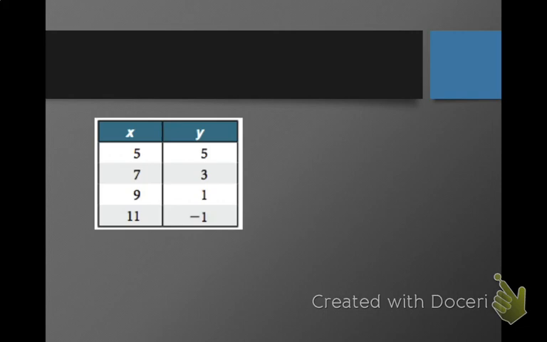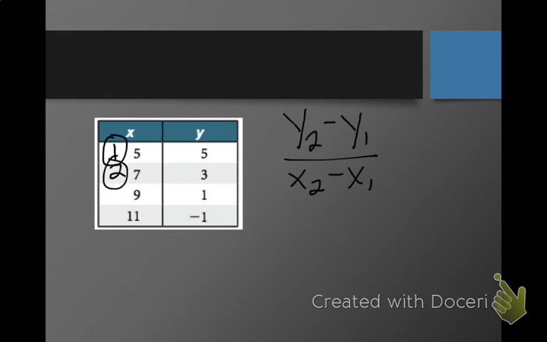All right, welcome back. So once again, that formula, y2 minus y1 over x2 minus x1, so I can just decide point number 1 and point number 2. y2 is 3, y1 is 5, x2 is 7, x1 is 5.